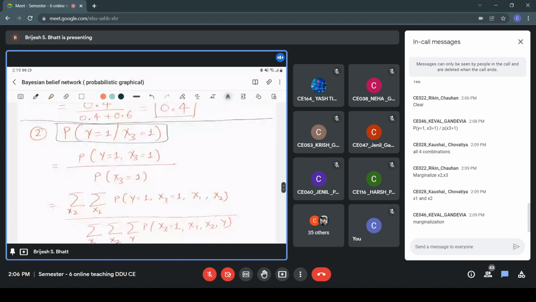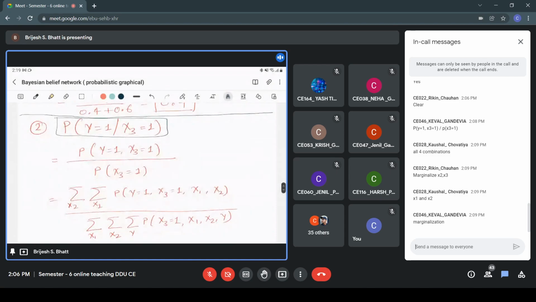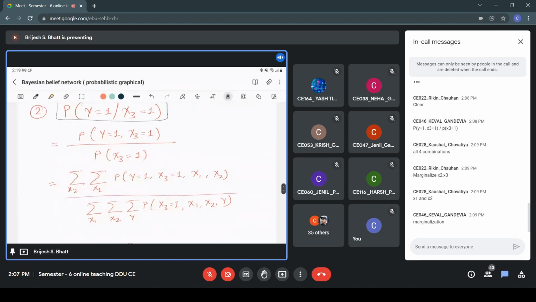So it will be something like this. Now I'm introducing sigma notation to make it less cumbersome. Otherwise, I need to write four formulas in the numerator and eight formulas in the denominator. Instead of that, I'm introducing this sigma. But that doesn't mean that you do not need to calculate. You have to calculate, so you need to do the tough job. Let us see what answer we get. Try to calculate this and give me the answer.